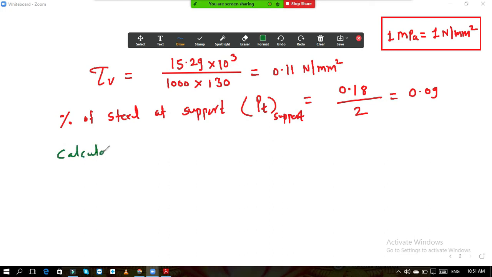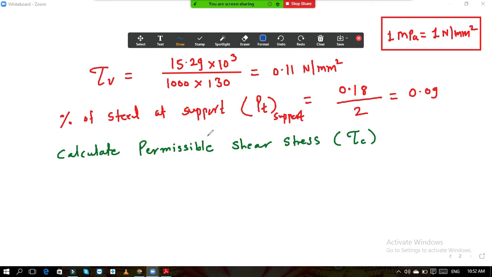Now the next step is to calculate the permissible shear stress. We need to calculate what is the allowed shear stress by the IS code. The notation is tau c. How do we calculate this?